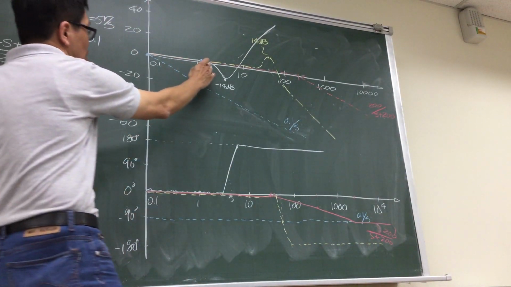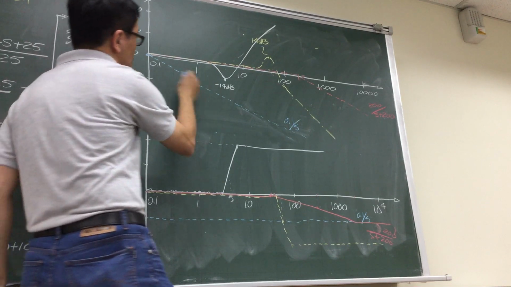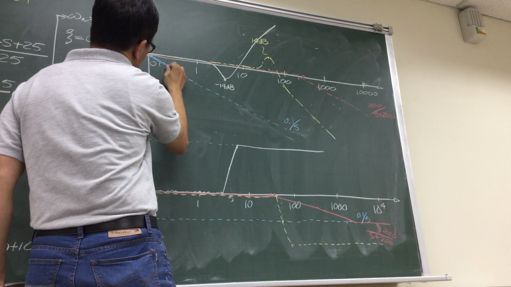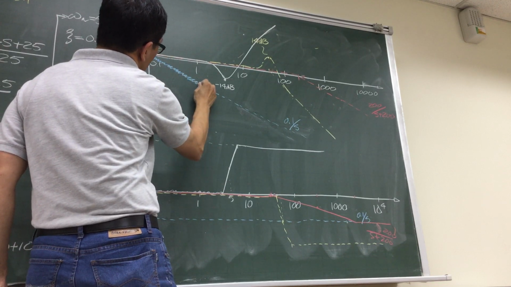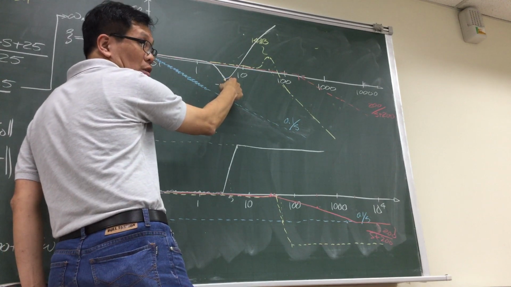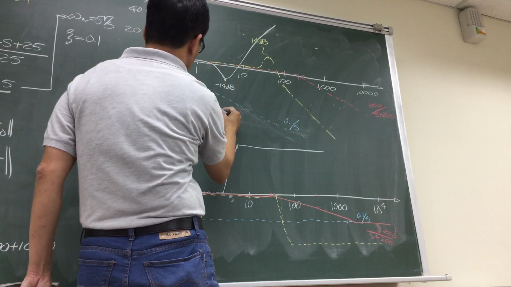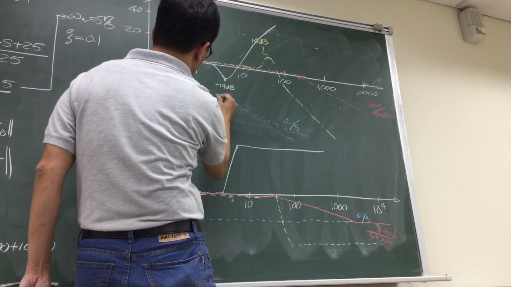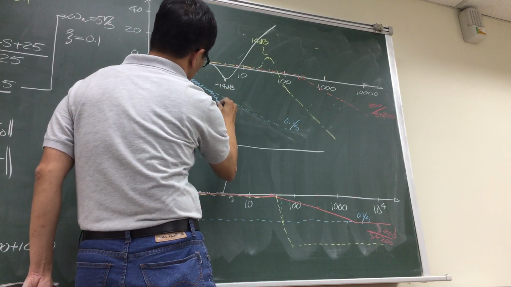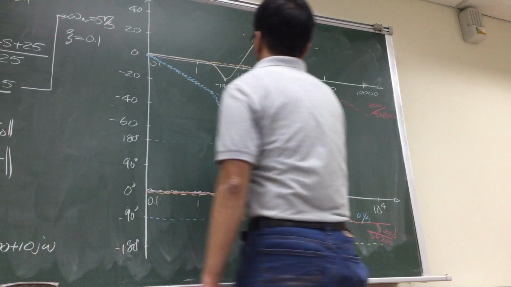So this is 0 all the way, but this one got a slope. So the dominant one over here is going to be this one. And when it starts to hit the first 0, you got about -40 over here. Right?